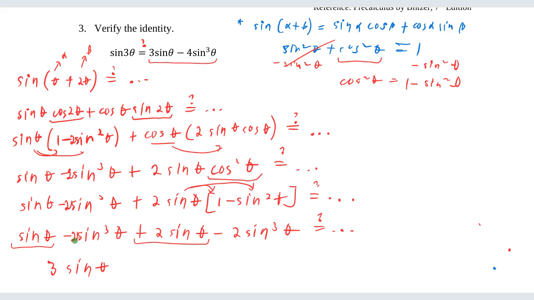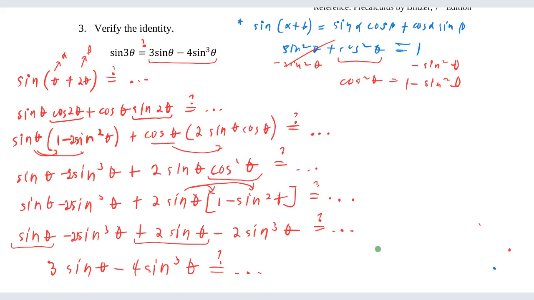So now we will have a negative 4 sine cube theta. So in this case, we now have the 3 sine theta minus 4 sine cube theta.